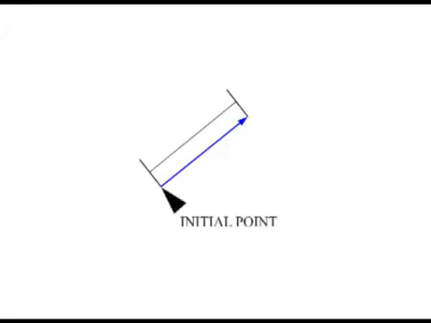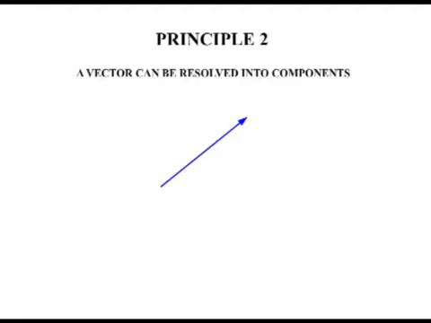This is simple enough. However, it is important to realize that vectors can be resolved into smaller components traveling in different directions. Components are also vectors and may be drawn in many different directions off the initial point of the parent vector, in accordance with the so-called parallelogram rule.